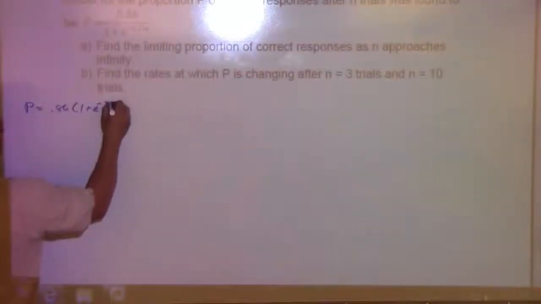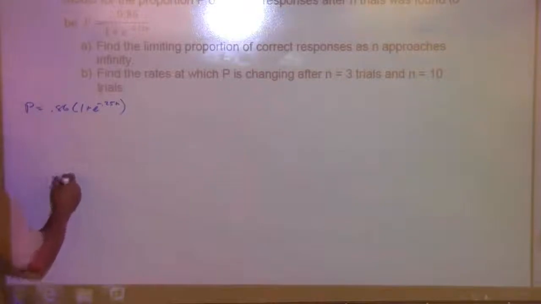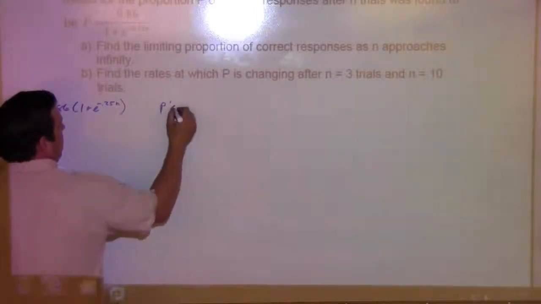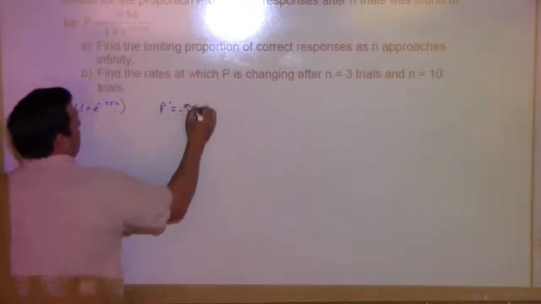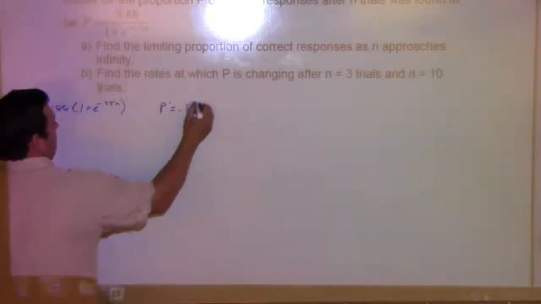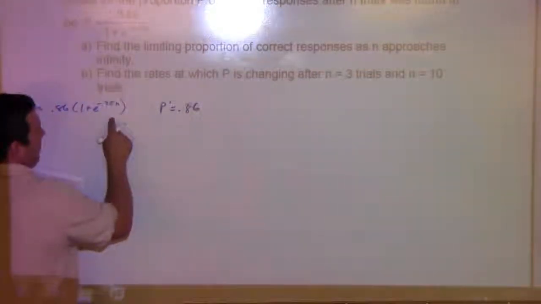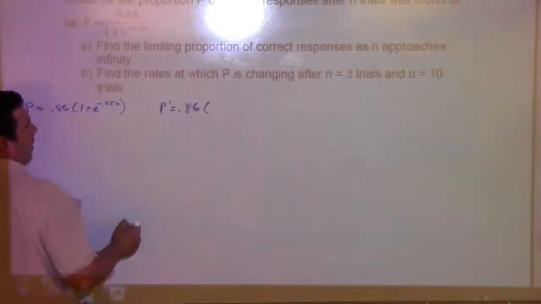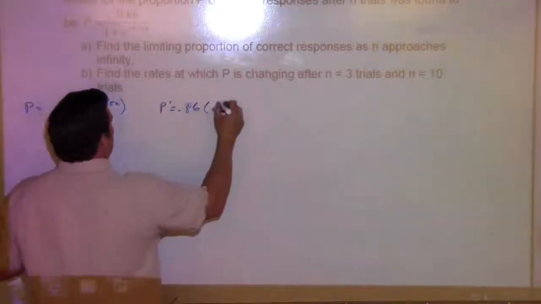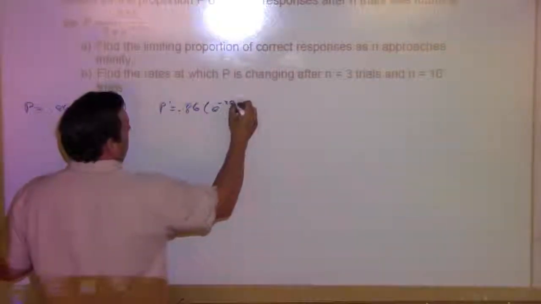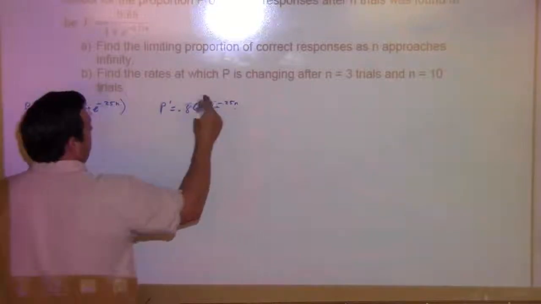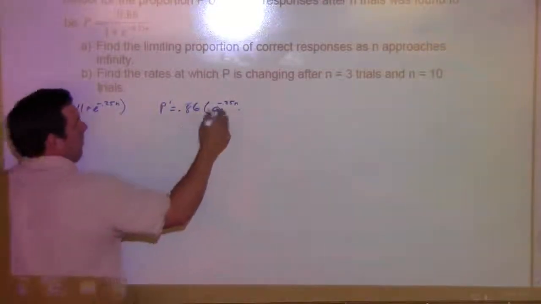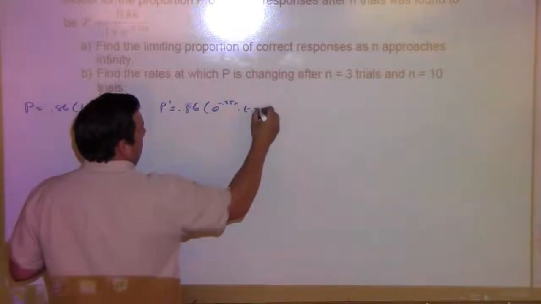Rewrite it this way if it's easier to see it. 0.86 times 1 plus e to the negative 0.25 n. So that p prime would be 0.86 times, now this derivative of 1 is 0, the derivative of e is going to be e to the negative 0.25 n times, it should be dp dn, not dp dt, times negative 0.25.